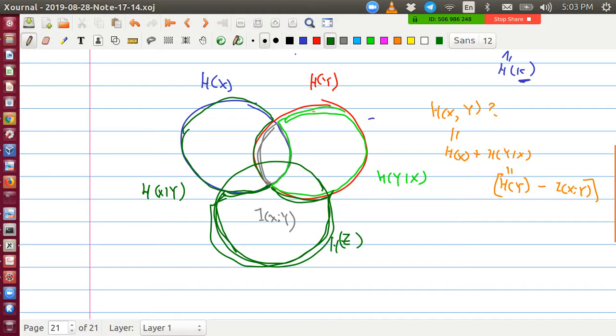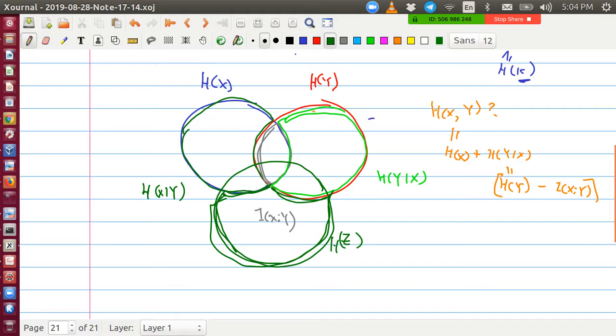We can write one by one, using the chain rule. This one first minus this one, and then we find this area, and after that minus H(X). Minus H(Y), after that minus H(X), plus I(X;Y;Z), because we should have X, Y, Z inside there, in the middle.